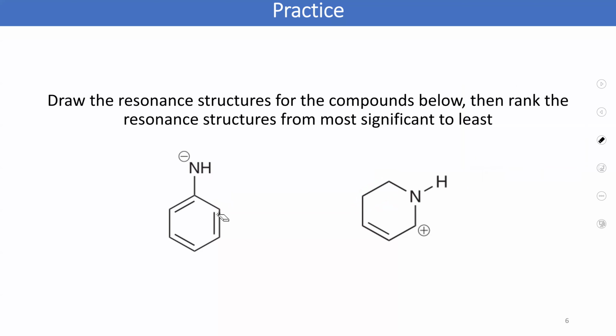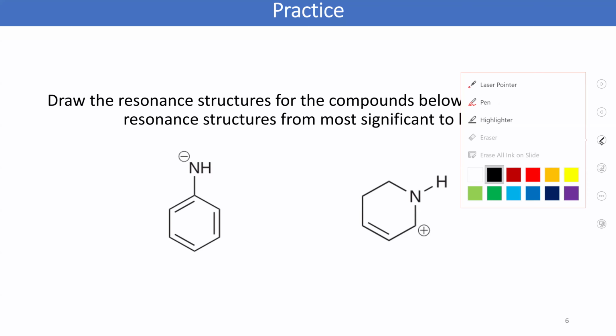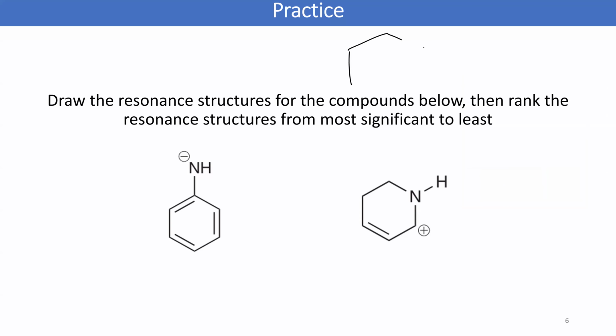What if none of them have double bonds? What if it's just a single one? Then there's no resonance that can happen. Even if one of them was a nitrogen, is it still a benzene ring? No. What is it? That's cyclohexane.